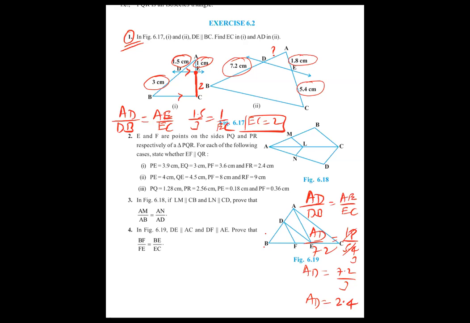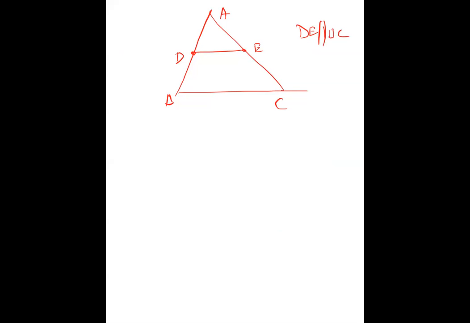Coming to one concept, if you have a triangle ABC and you have points D and E, with DE parallel to BC, you know that by the basic proportionality theorem, AD by DB is equal to AE by EC.